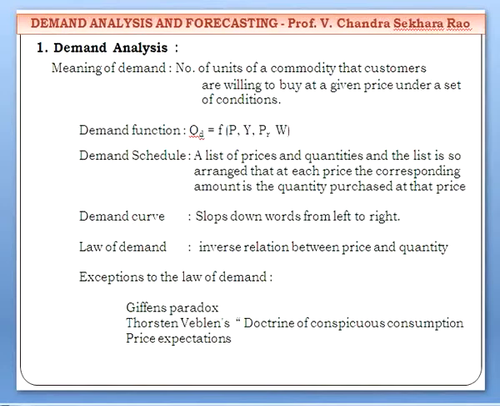So in the first point, under the demand analysis, the first part we focus on what are the determinants of demand, how to write a function, what is a demand schedule, a demand curve, and a demand law, and exceptions to the law of demand.